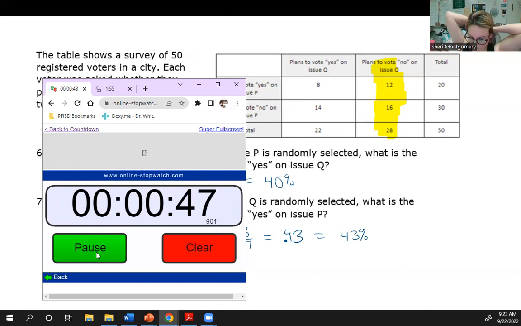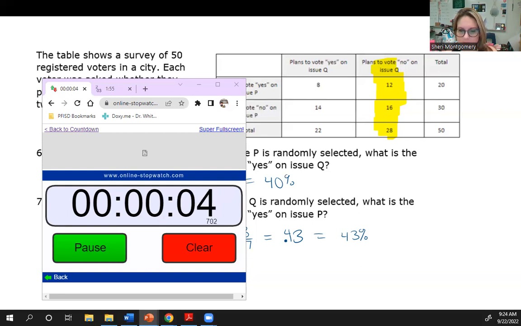So which one are you working on? Okay, so it has to be the part out of the total. And the way that you get the part is where the 2 things intersect. So looking at question 7, because I already have it highlighted, it's voting no for issue Q and yes for issue P. So down the Q column, we are voting no. Sorry, that's wrong.